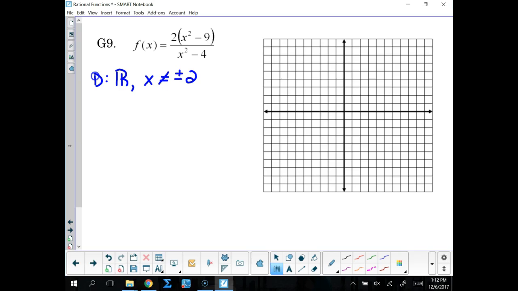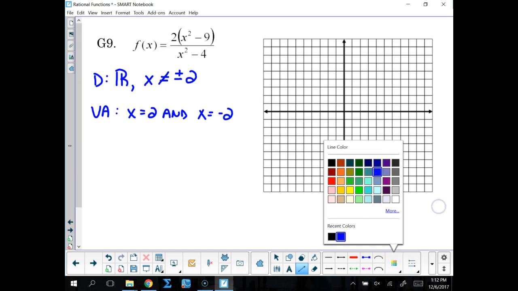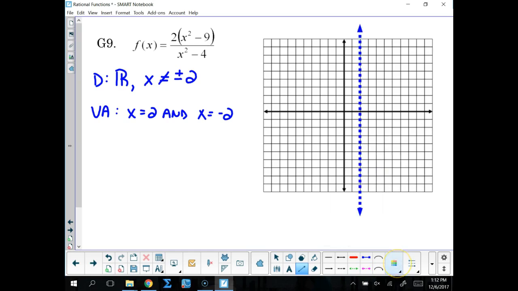What does that mean for vertical asymptotes? Horizontal asymptote.